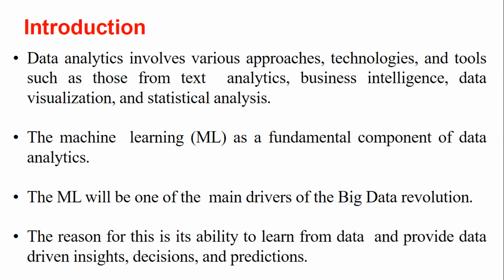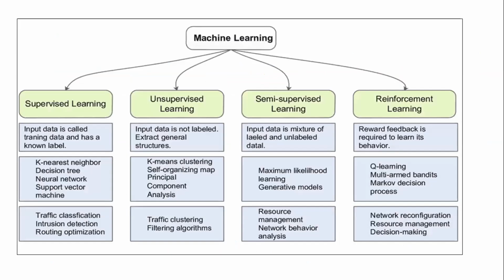There are several machine learning algorithms, but till now some of them cannot be implemented because we have challenges with the types of data, the variety of data sources, as well as the speed. How can we implement this part? Machine learning can be categorized into 4 types: supervised learning, unsupervised learning, semi-supervised learning, and reinforcement learning.